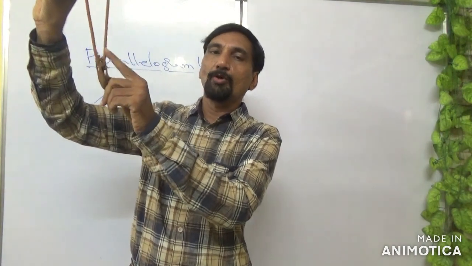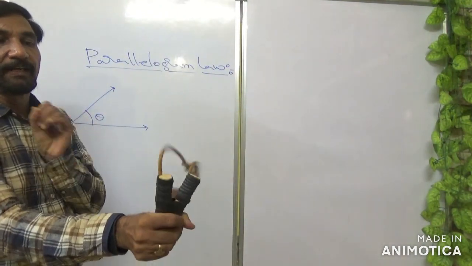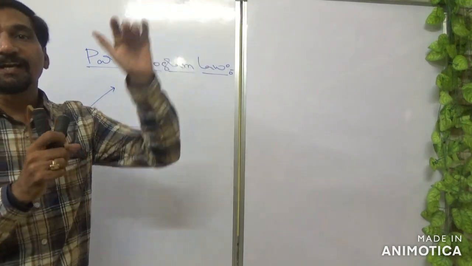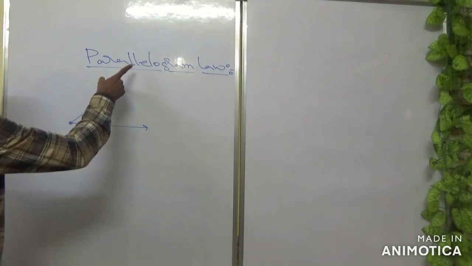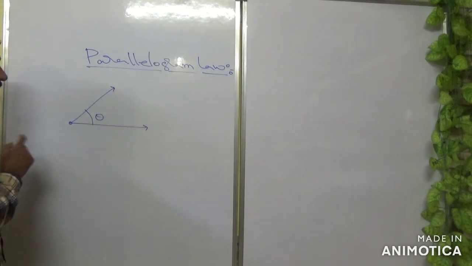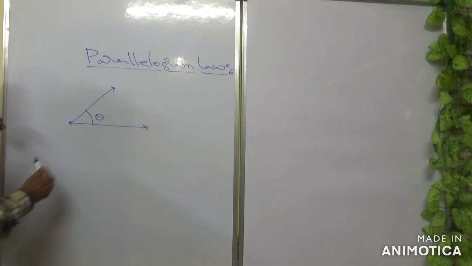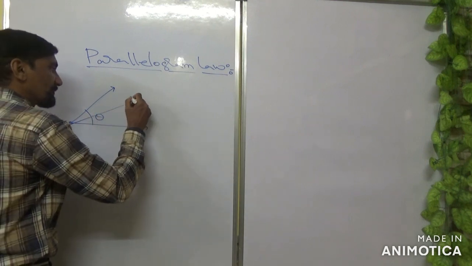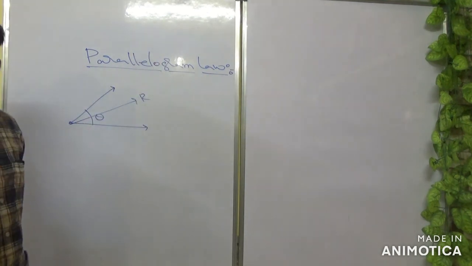Both the forces are acting at one point, but you see it is moving in the diagonal direction. It is very clear that whenever two forces inclined at an angle theta are applied on a body, the resultant is nothing but their diagonal.